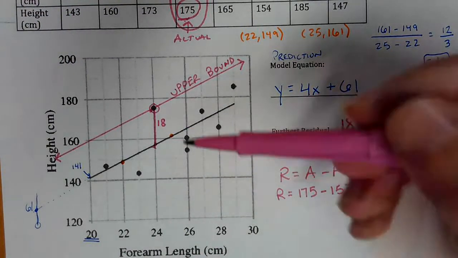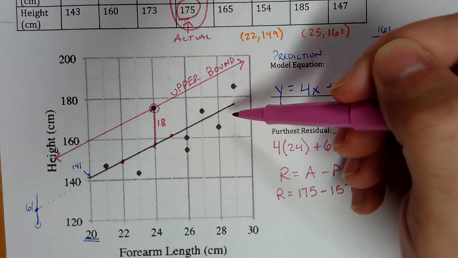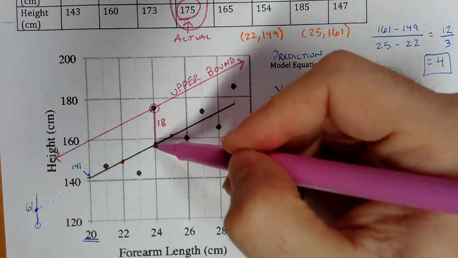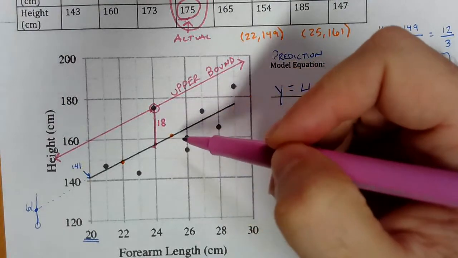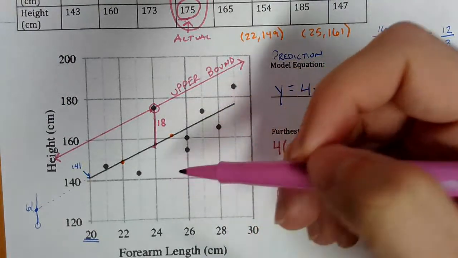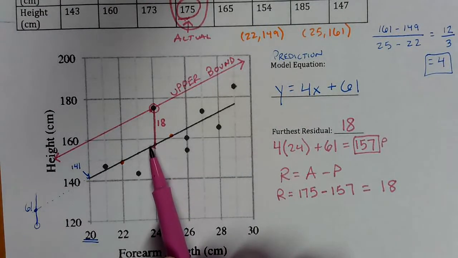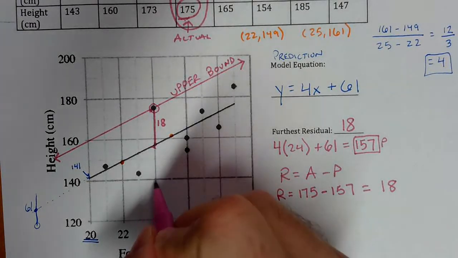So what we're going to do is take this line and reflect it over our line of fit, meaning we're 18 above this line, so we're going to go 18 below this line. We said this was 157. So 157 minus 18 is 139. So I'm going to put a point as best as I can at about 139.